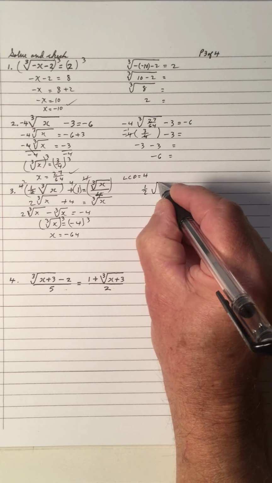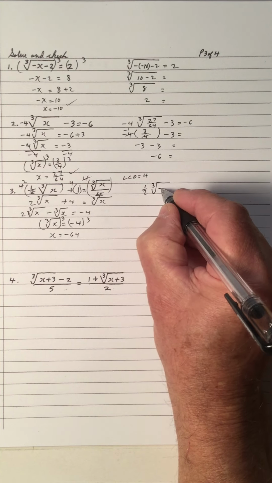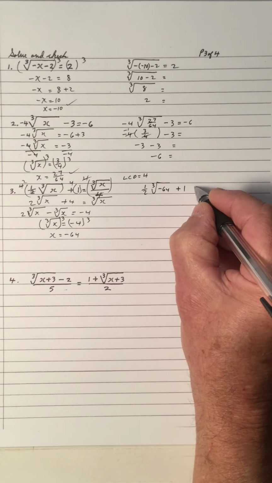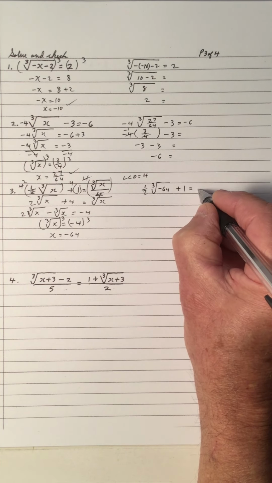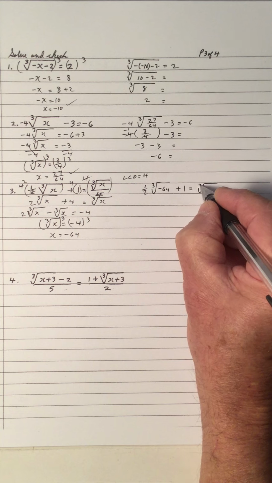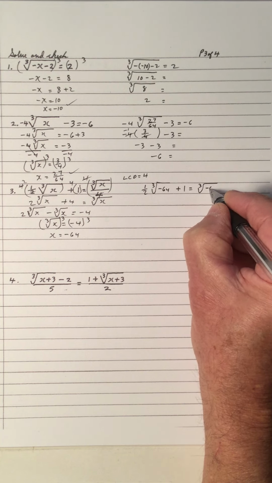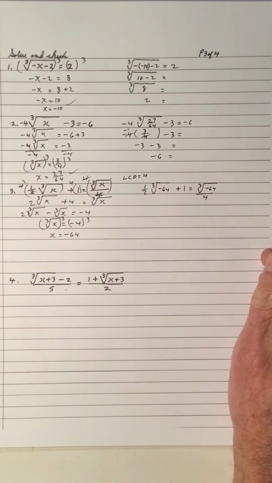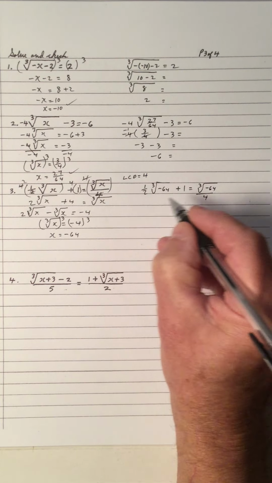Half cube root of negative 64 plus 1 equals cube root of negative 64 divided by 4. So that's a half.